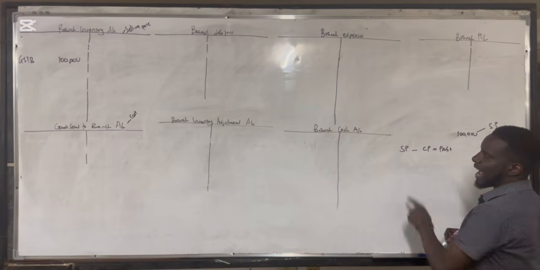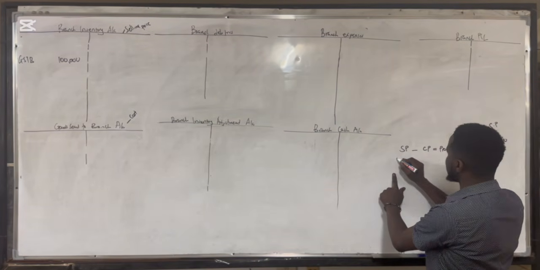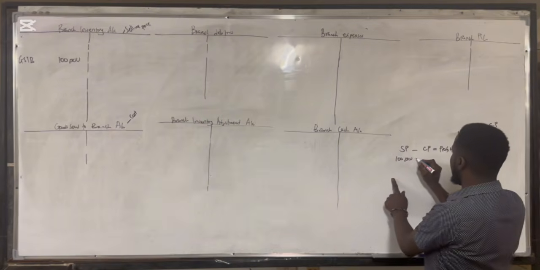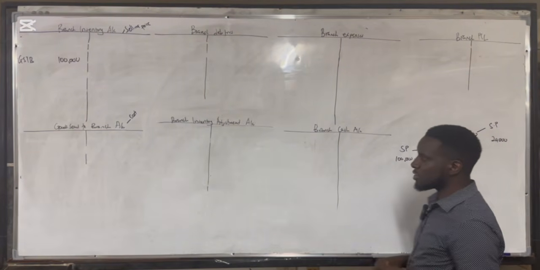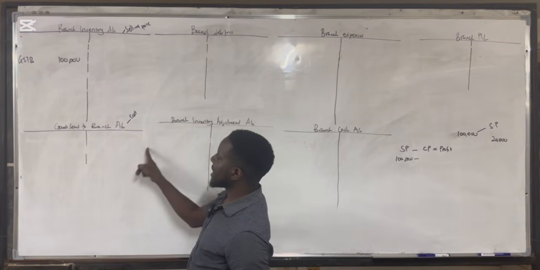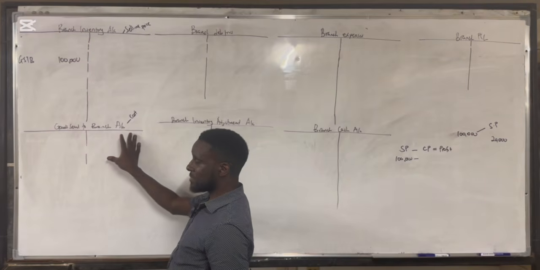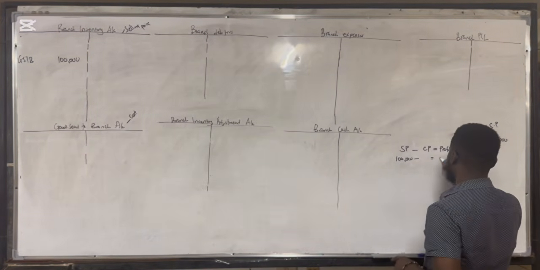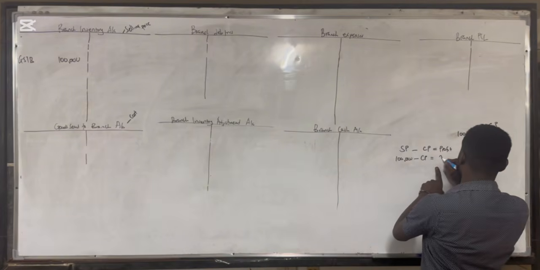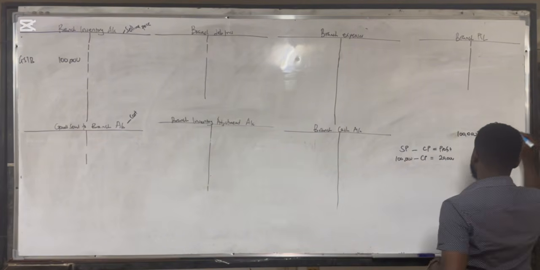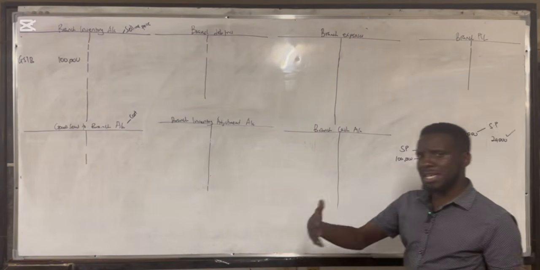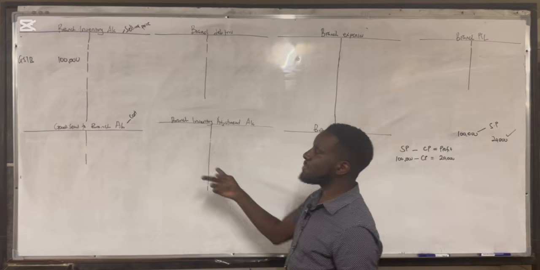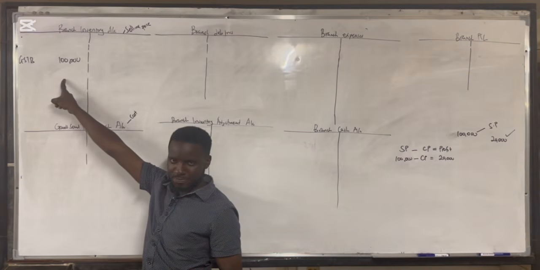So simply I have the selling price, which is 100,000, and then the cost price is what I'm looking for, because once I'm recording the items here, I'm supposed to record them in their cost element. So I'm looking for the cost price, and the profit is 20,000. But remember, once these goods are being sent at selling price, it means that the profit is already included here.